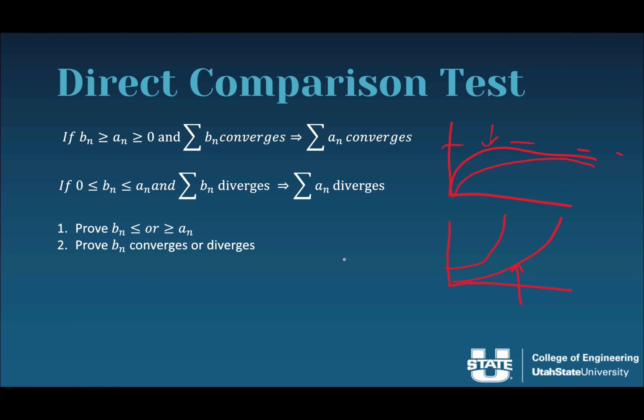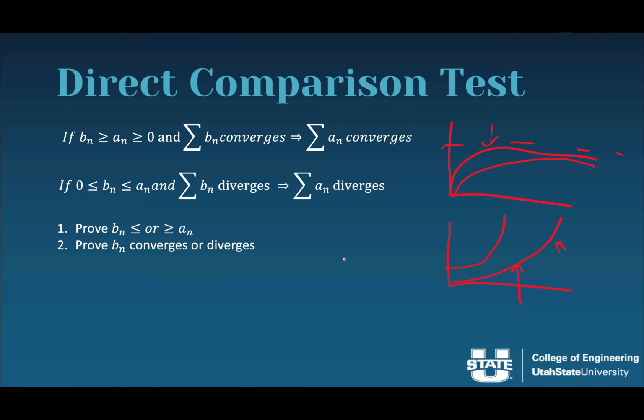When we're doing direct comparison tests, there's kind of 2 steps. We need to prove that b sub n, which is the thing that we choose as our function that's pushing it or capping it, we need to prove that b sub n is less than or greater than our original sum, right? And then we also need to prove that b sub n either converges or diverges.